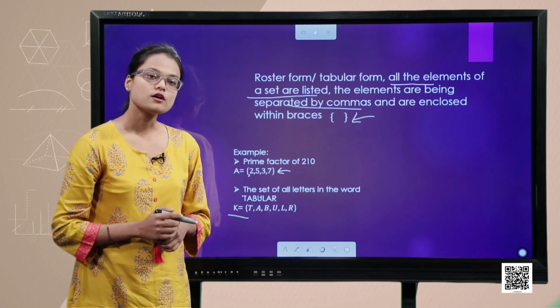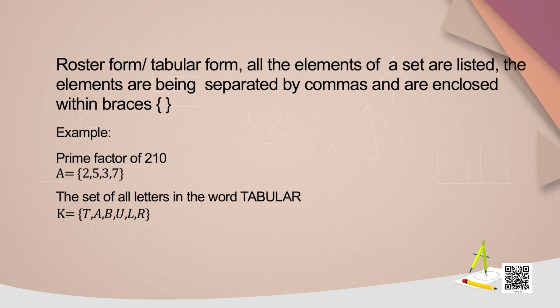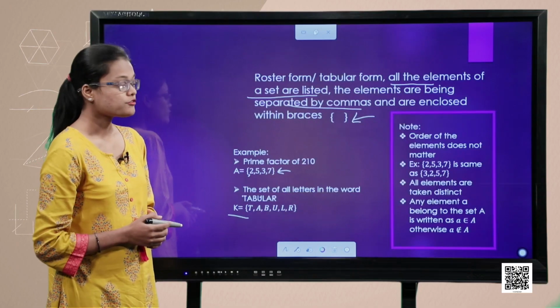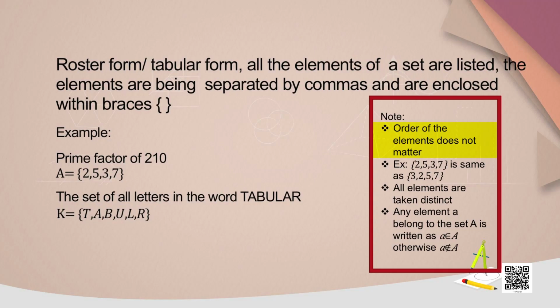Students, observe these two examples carefully. Hope you have observed the following note. You may observe that the order of the elements in a set does not matter. If you write 3, 2, 5, 7, then this set is the same as the above.